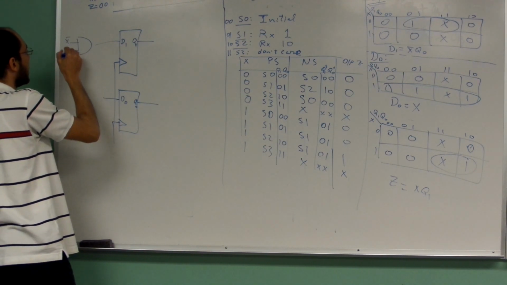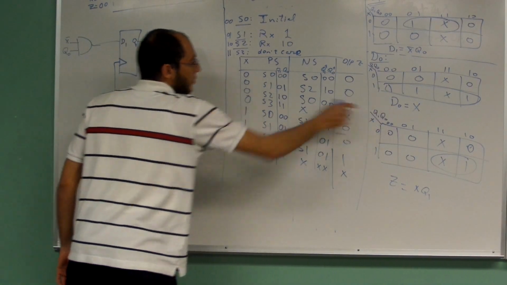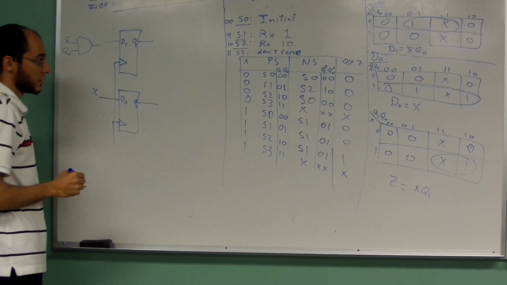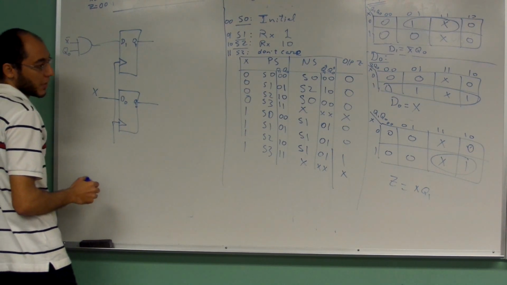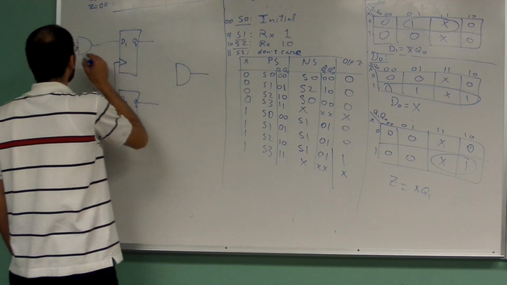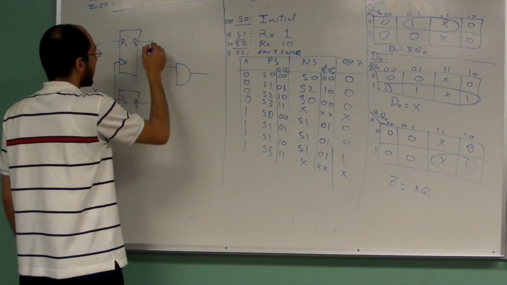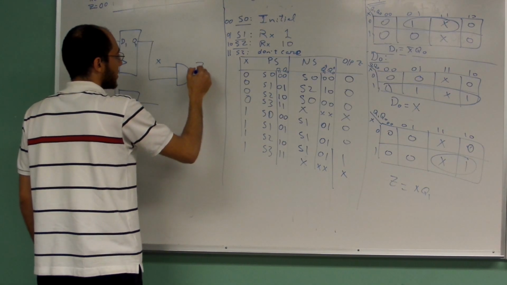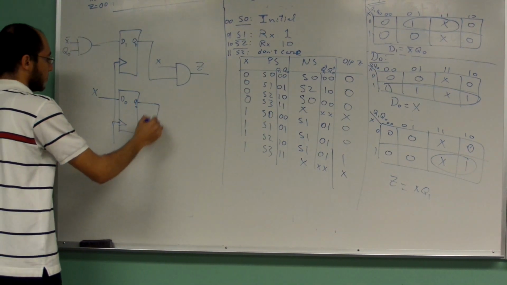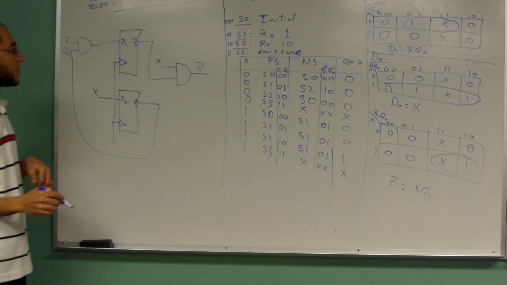X bar Q0. Alright? What is feeding D0? X. So you put here an X. What is feeding the output Z? AND gate between the X and the Q1. And this is the output Z. Okay? Right? And this becomes the output Z.